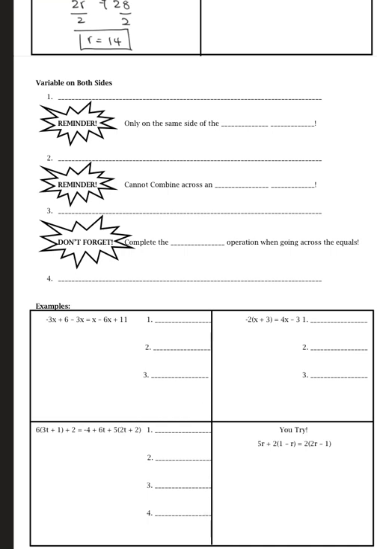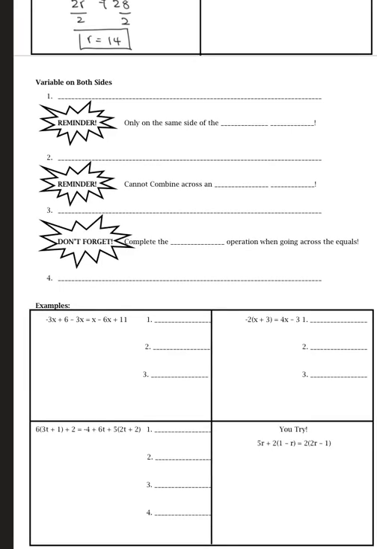All right. So next we're going to look at when we have to solve equations with variables on both sides. Your first step is going to be to distribute. But the key here is that you're only going to distribute on the same side of the equal sign.